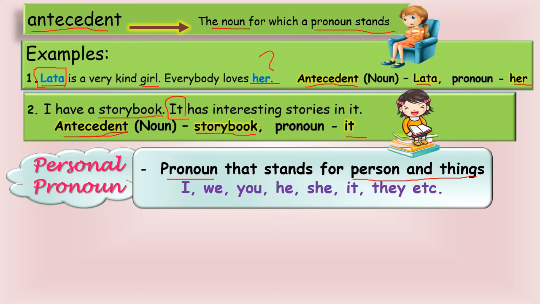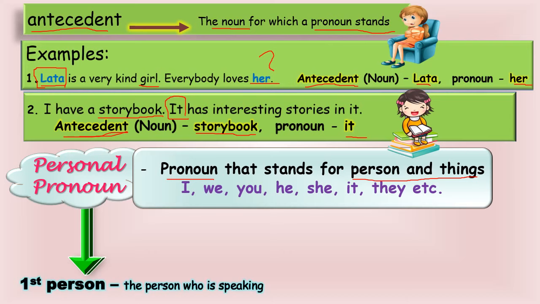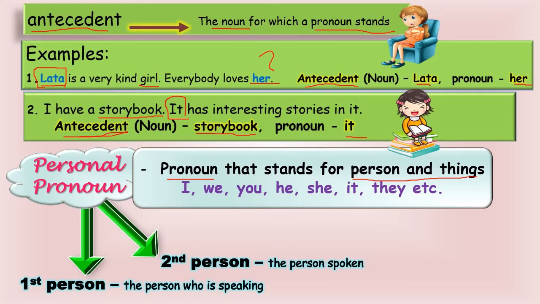In a sentence we can use personal pronouns as a subject and also as an object. Personal pronouns can be divided into three parts. First person: a person who is speaking.